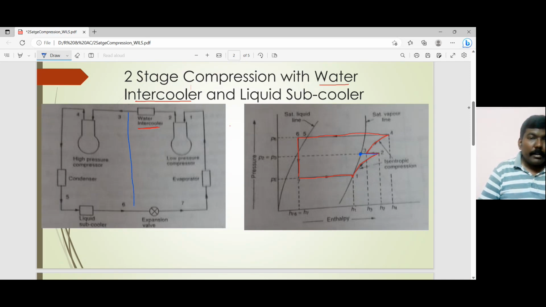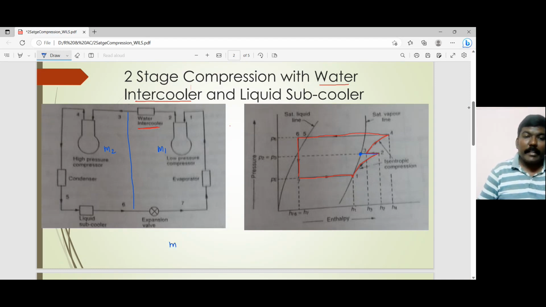So you will have a line over here, which indicates that you will have M3 passing through the water liquid intercooler. M1 is the mass of the refrigerant that flows across the low pressure compressor, and M2 is the mass flow rate that flows across the high pressure compressor. But in this case, where you use the water intercooler and liquid subcooler, you are going to have a common mass flow rate.